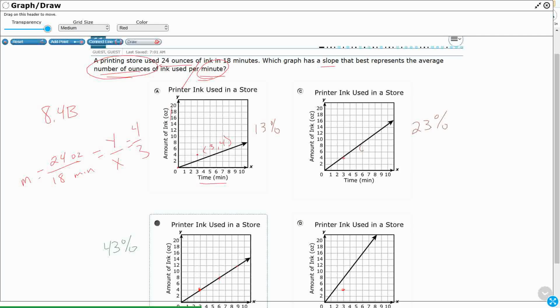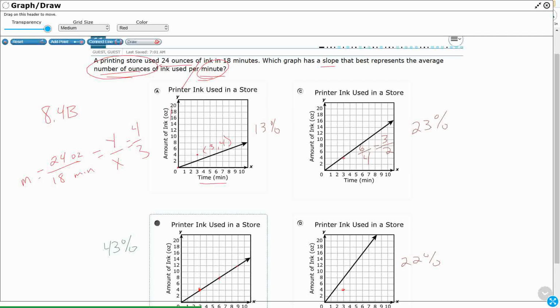This was a 6/4 or a 3/2 unit rate, so that's close to a 4/3. And then D was 22%, and that was not really that close, but it kind of messed up some of our students.